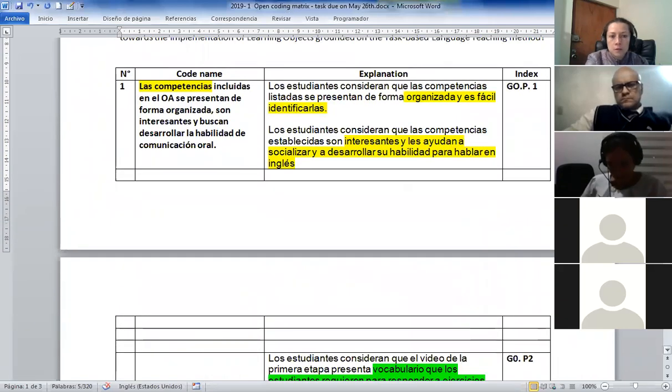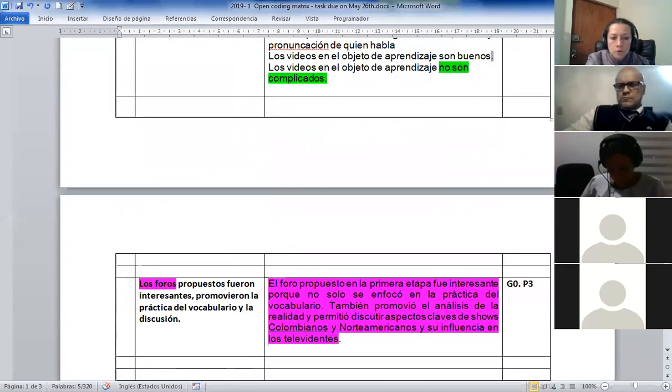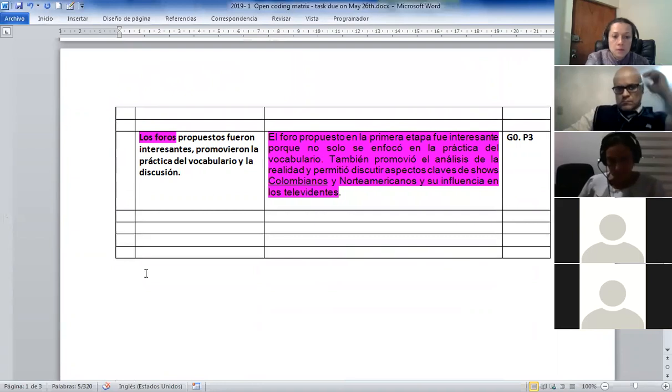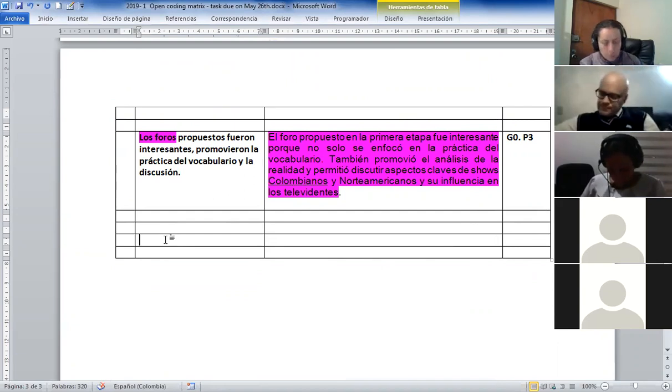So here you have competences, videos, forums, but there are also suggestions. So you need to create a new category about suggestions, or another category about other commonality that you find in the 4 transcripts, in the list of the codes that you will read in the virtual room, the one that I will upload by tomorrow night.